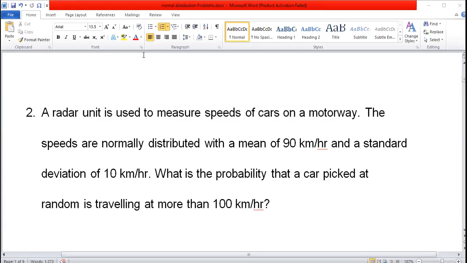Professor, can you show the table? You need the table? Yes. Okay, I'm sharing the table with you.